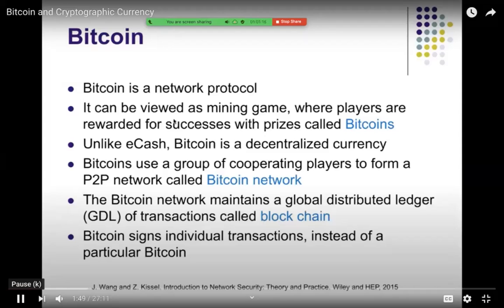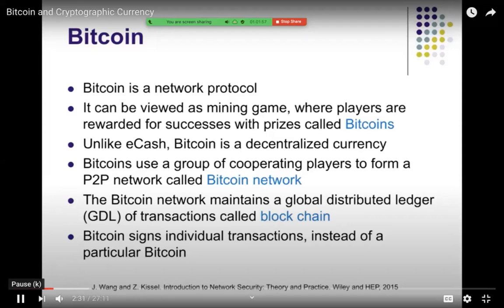Okay, now let's look at what a Bitcoin is. First of all, Bitcoin is a game, a network game, or a distributed game played by many people. So that really means that Bitcoin is a network protocol, and it can be viewed as a mining game where players are rewarded for successes with prizes called Bitcoins.